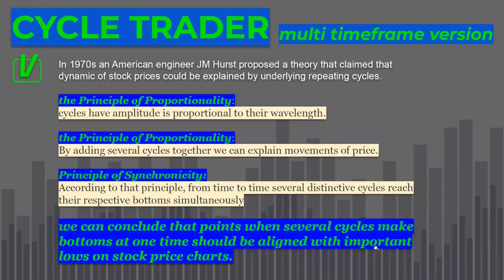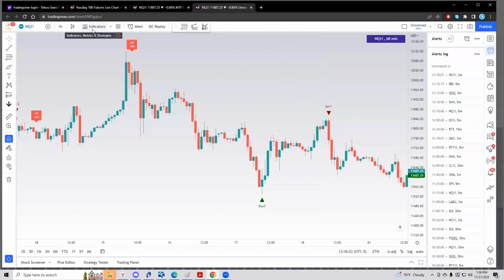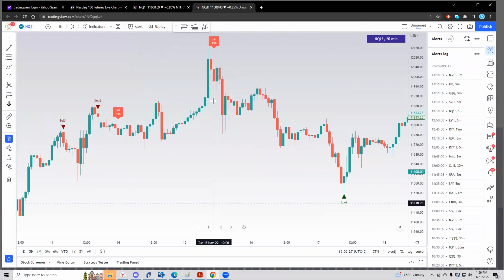Finally, we can conclude that points when several cycles make bottoms at one time should be aligned with important lows on stock price charts. And that's the core idea behind the multi-time frame version of the cycle trader indicator. Let's add it to the screen. And we can see those red labels.